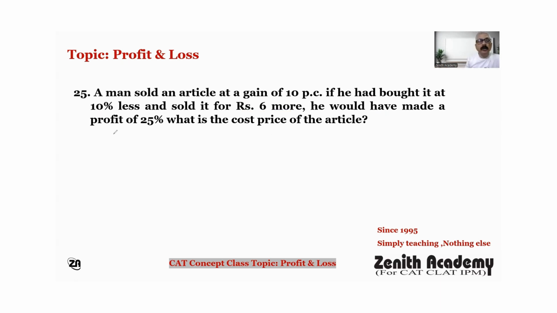Suppose the cost price of an article is C. And in the first case, the man sold an article at a gain of 10%. It means the selling price was actually 110% of the cost price.